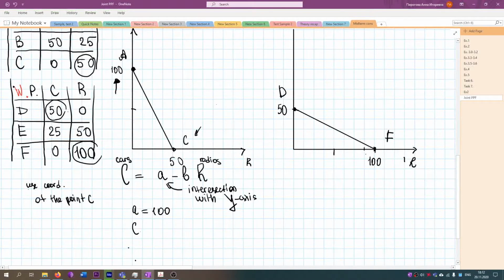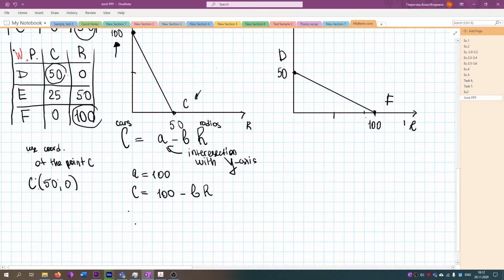So our equation now is C is equal to 100 minus B multiplied by R. And the coordinates of point C are 50 and 0, because on the x-axis we have radios.